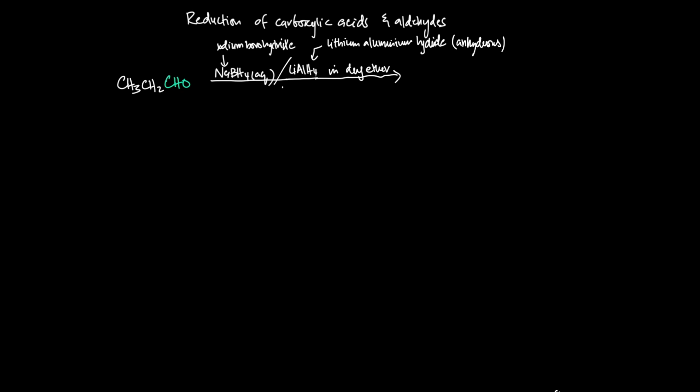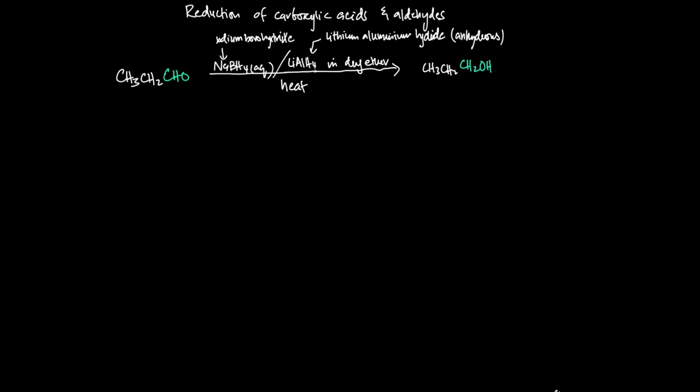And you're going to heat. You can use either of these two reagents and you're going to heat. And what are you going to end up with? You're going to end up making back a primary alcohol. Now what do you have here?